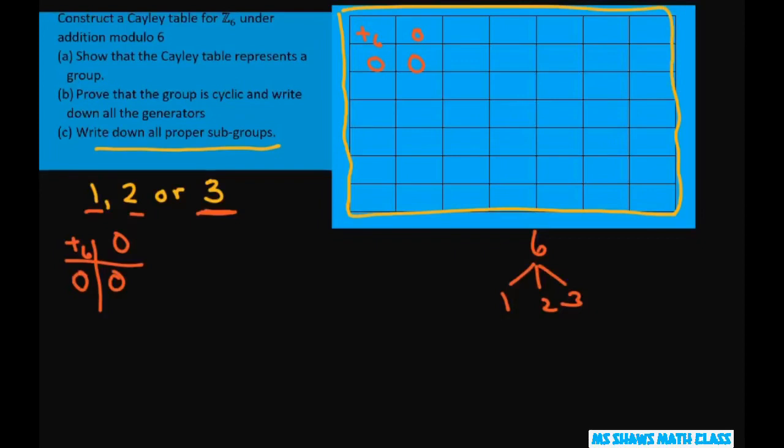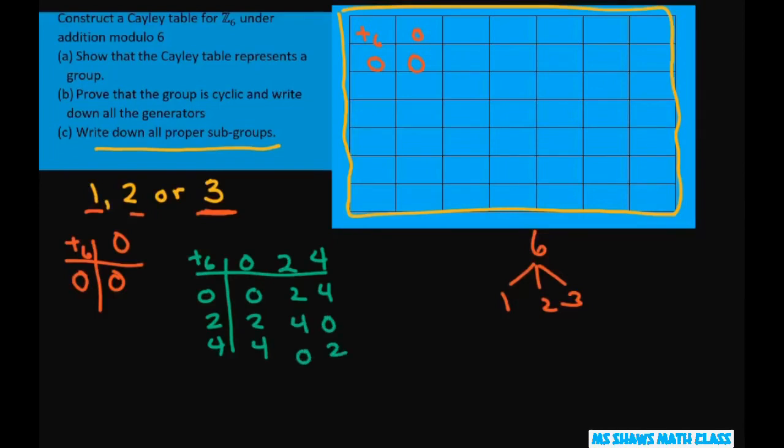Another one would be addition modulo 6 on 0, 2, and 4. So the table has 0, 2, 4; 2, 4, 0; and 4, 0, 2. It's closed.